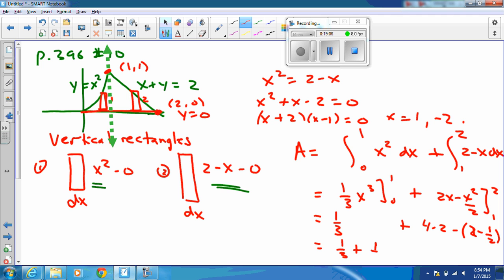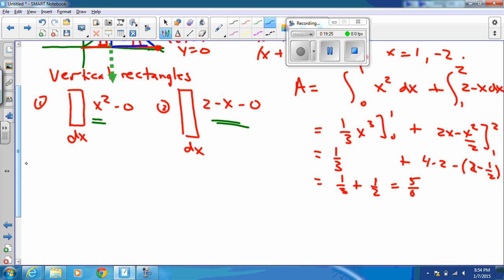And when the dust settles, that's 1/3 plus 2 minus 2 is 0 plus a half, which is going to be equal to 5/6. Notice that the half here is an expected value for this integral because I have a nice little isosceles right triangle with a length of 1 and a height of 1. So that's perfectly fine. But what if I were to do horizontal rectangles instead?